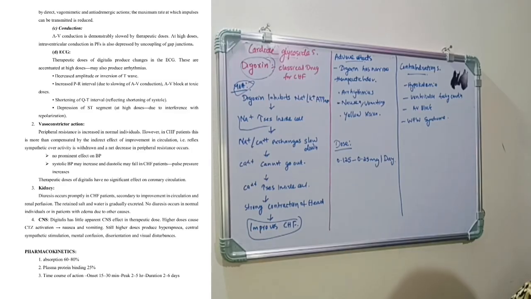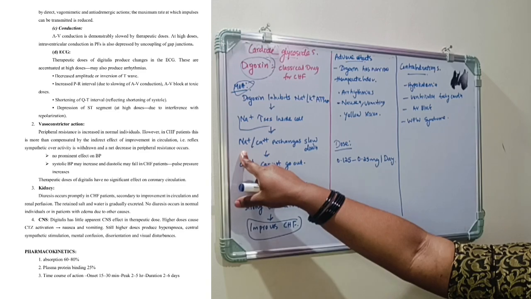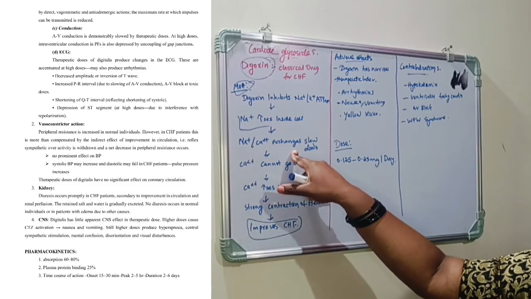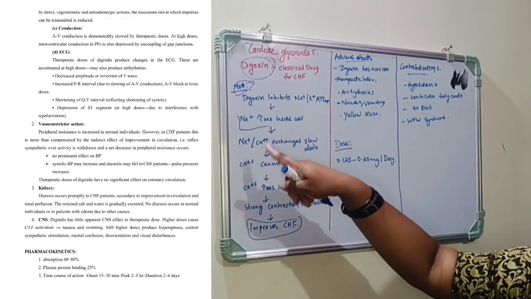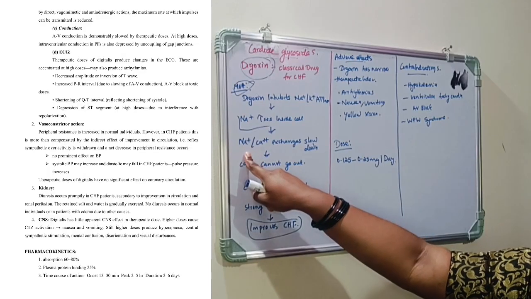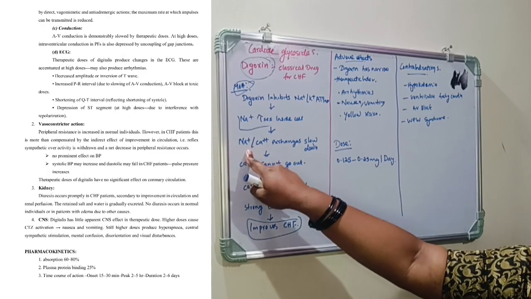Next comes step number 2, that is, the sodium plus calcium exchange will get disturbed. How? There is another transporter. The first transporter is sodium plus potassium. The second is sodium plus calcium.